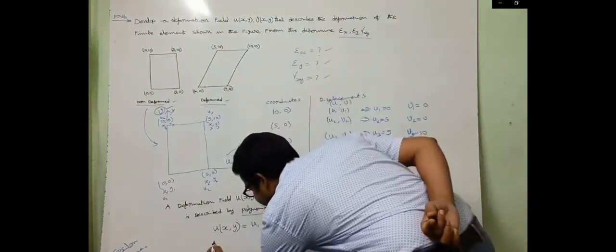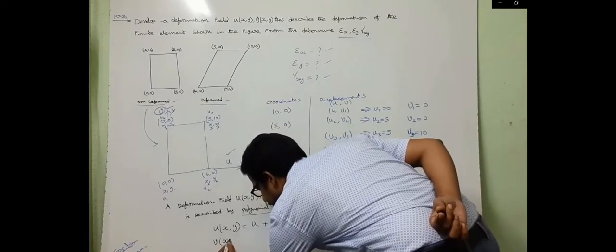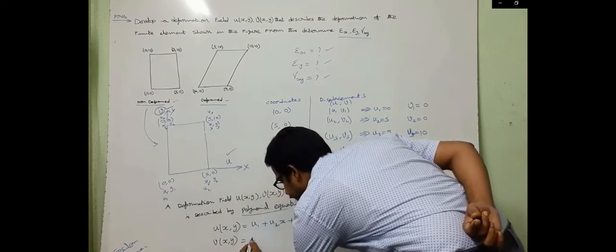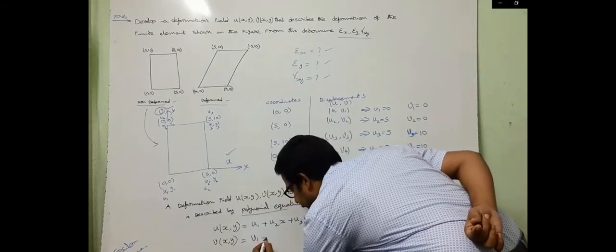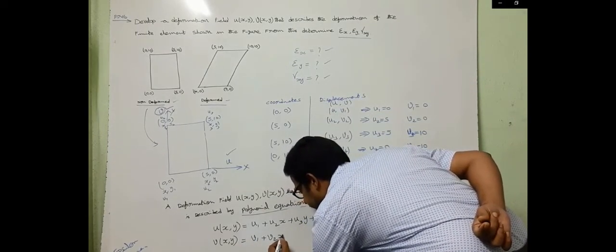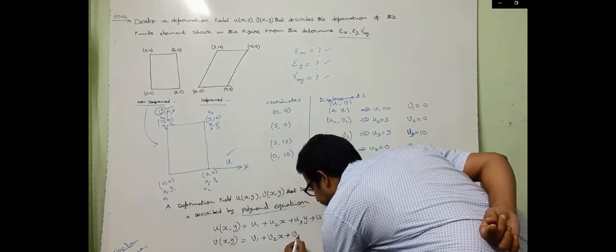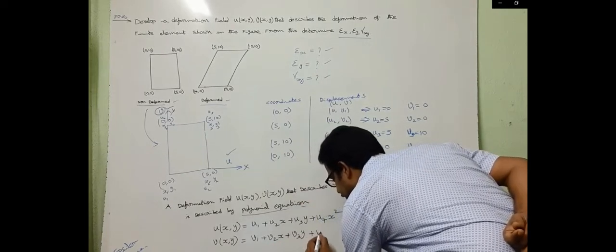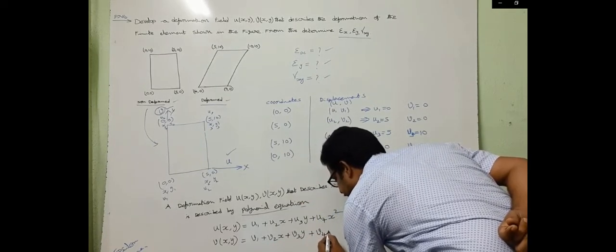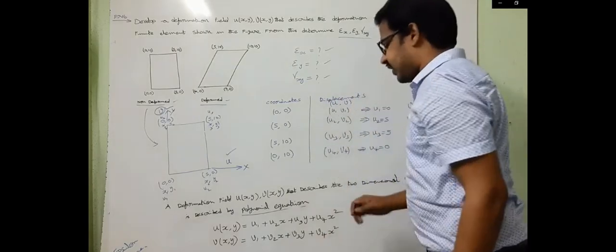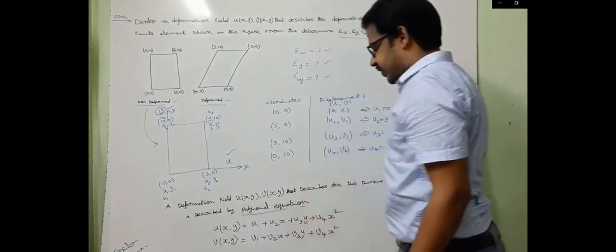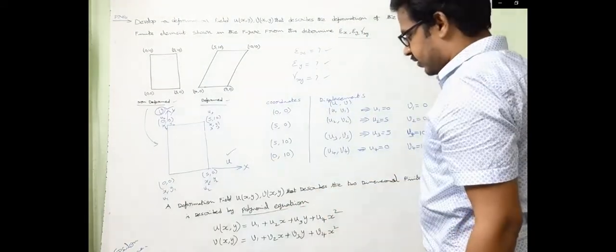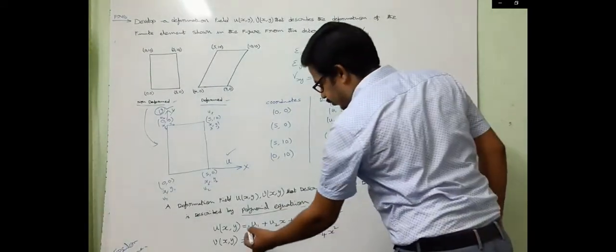Coming to the next one, v of x comma y is equal to v1 plus v2x plus v3y plus v4 x square. These are the polynomial equations we already studied in intermediate and engineering first year, for two-dimensional values.